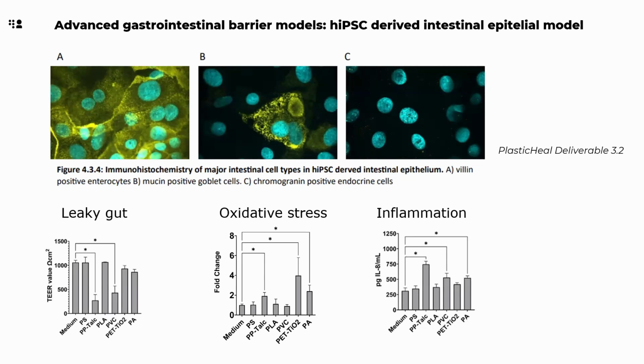And this is an example of a barrier obtained with induced pluripotent stem cells, where they have been able to generate different cell types in the same culture. And as you see in the graphs at the bottom, some particles are causing an effect and some particles are not causing an effect. So again, this is to reflect that sometimes we try to compare micro and nanoplastics as a whole, but each one is really very different from each other.